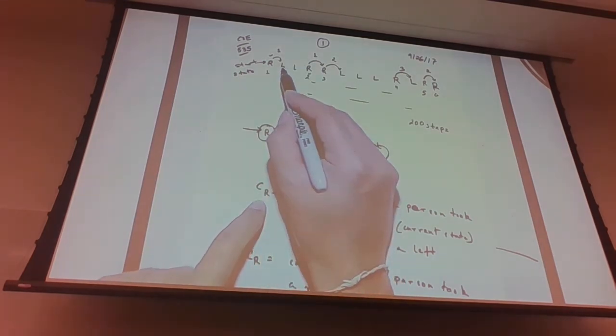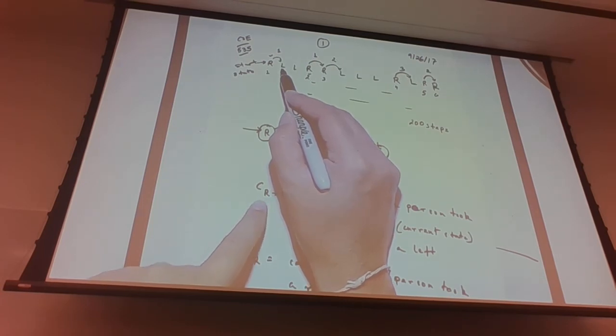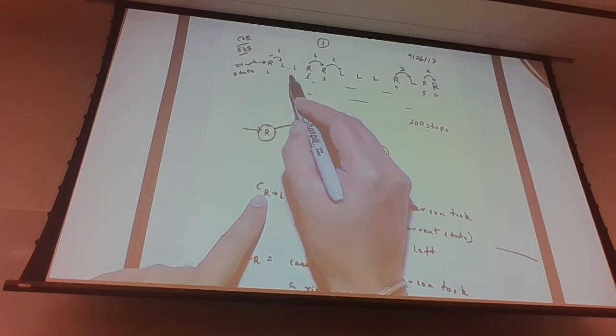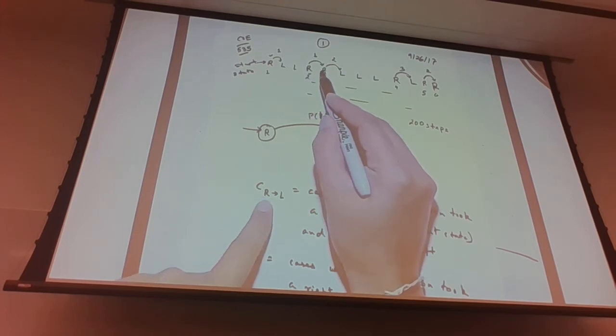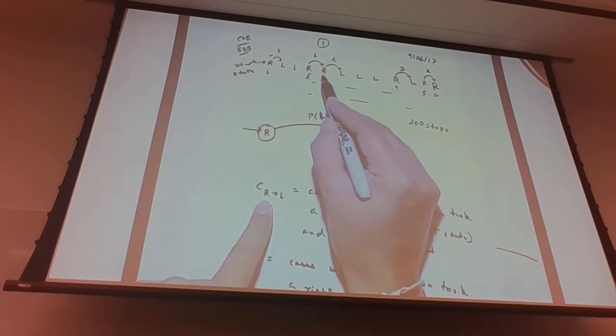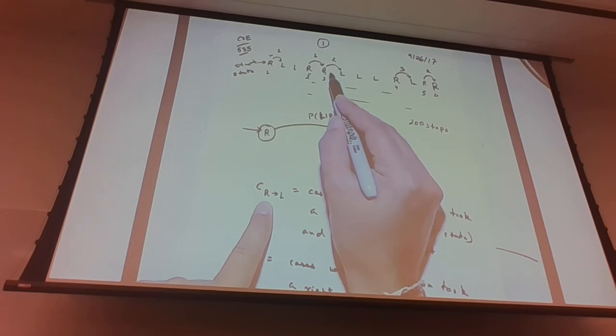Then this current step became L, so this is not a part of this, because CRL means that your current step is right. So you go to a point where your current step is right. Now this is from R to R, so this does not affect CRL. What affects is R to L, so you go to this point which is R to L. So you increment CRL again by 1. So CRL becomes 2. Right?